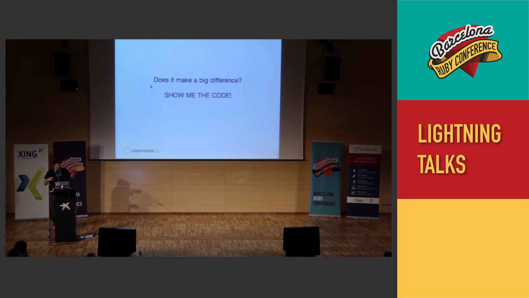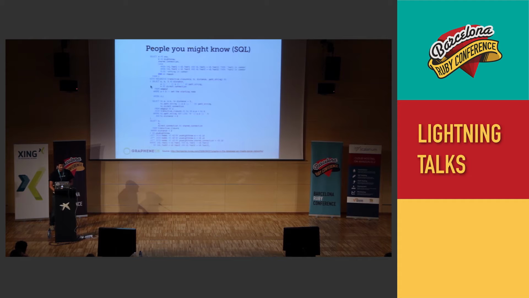Usually in these relations, what you normally do is something called traversal, where you go through the relations from one node to another. And if we want to compare how you would do this with a traditional relational SQL database, this is an example of finding people you might know by exploring relations.